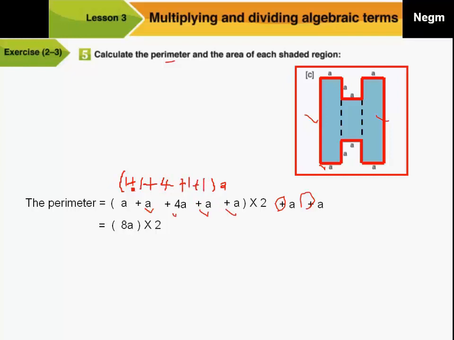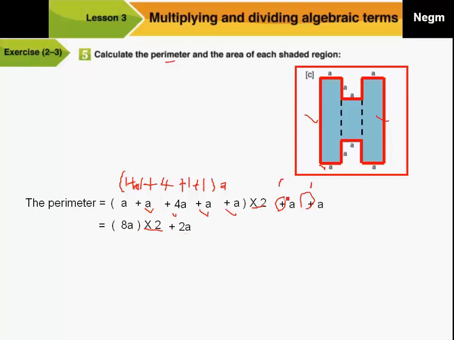The summation is 1 plus 1 is 2, plus 4 is 6, plus 1 is 7, plus 1 is 8. So we have 8a times 2 plus a plus a, which is equal to 2a.